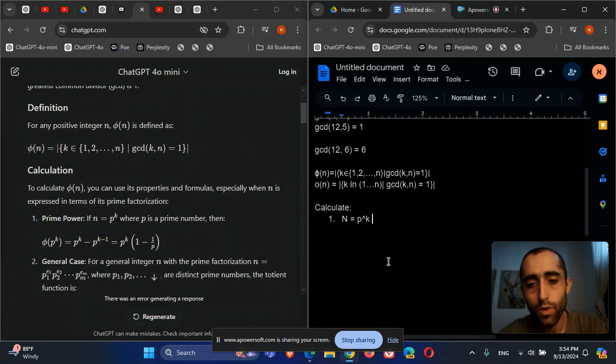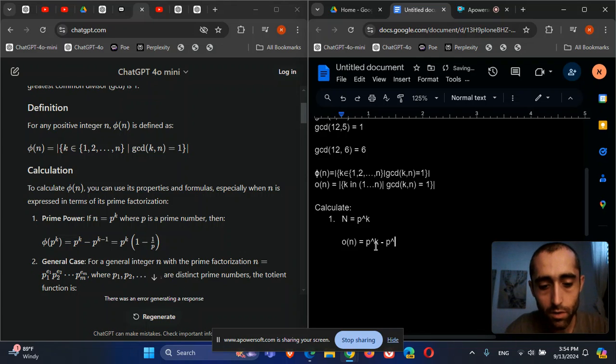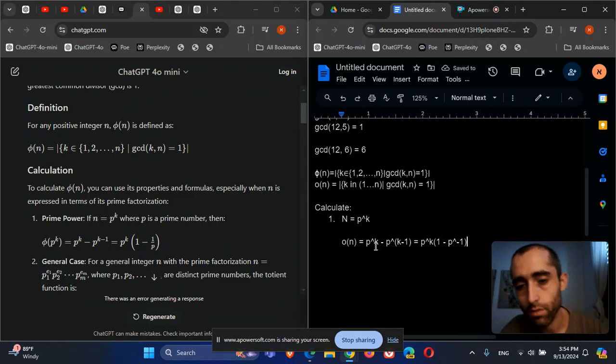So if I can represent the n that I want to calculate the phi function for as a prime number to the power of some positive integer, then the formula I can use says that phi of n is p to the power of k minus p to the power of k minus 1, which you can write by taking out p to the power of k as p to the power of k times 1 minus p to the power of minus 1, instead of dividing, because not all the time we can divide in everything.